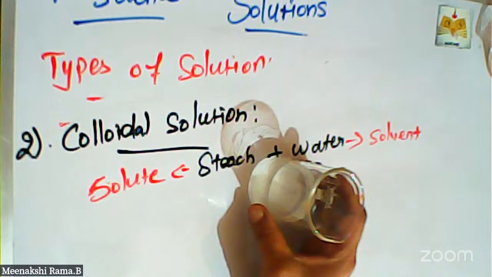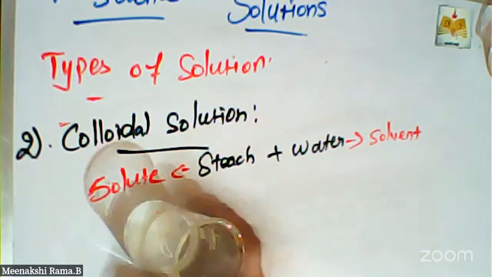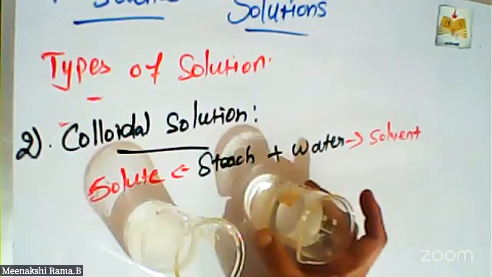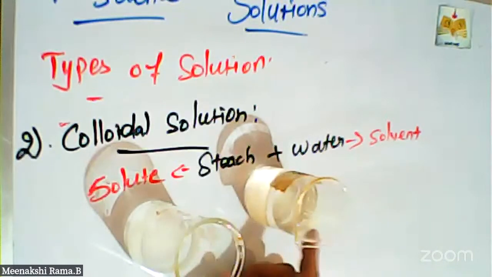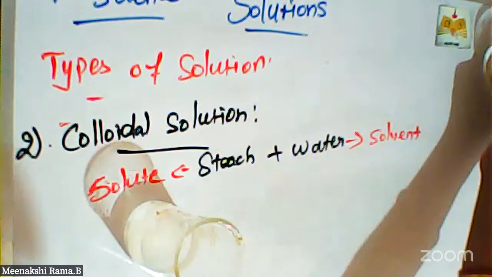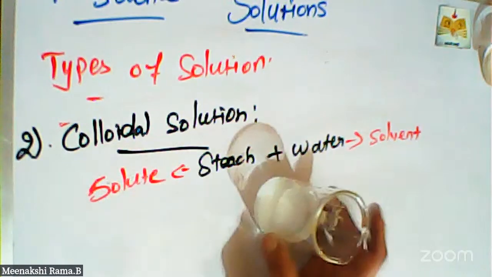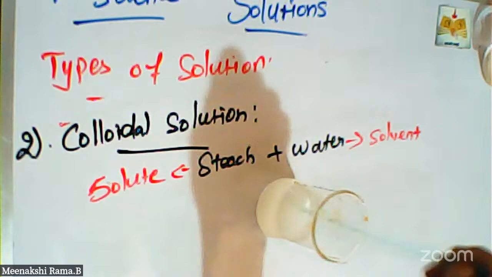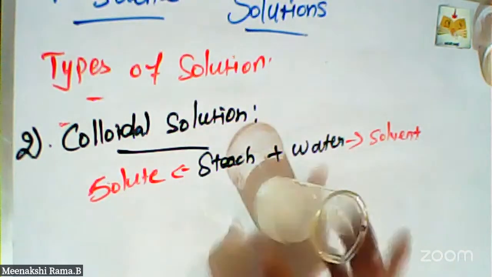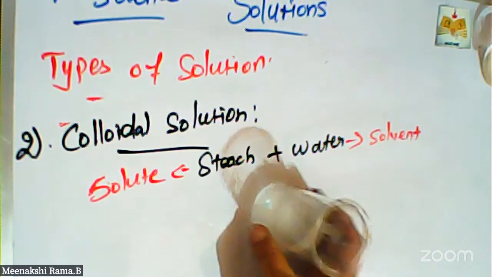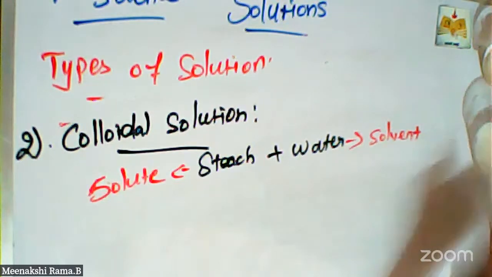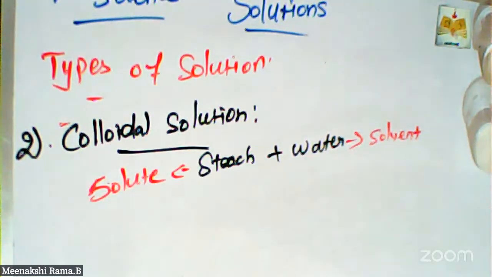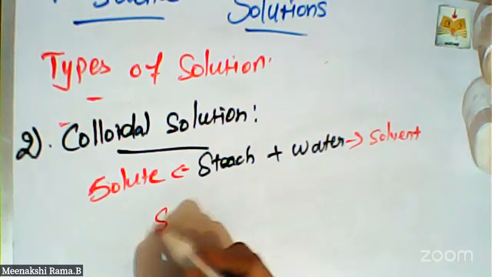Compared to the true solution, the true solution is very clear. See this beaker, it is very clear. So this is a true solution. This solution is not clear. It looks cloudy. So the particles are not dissolved.